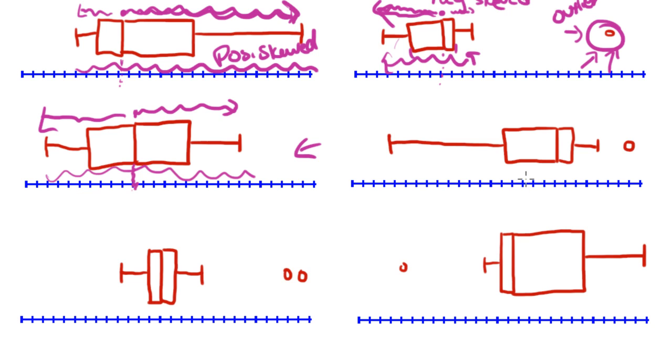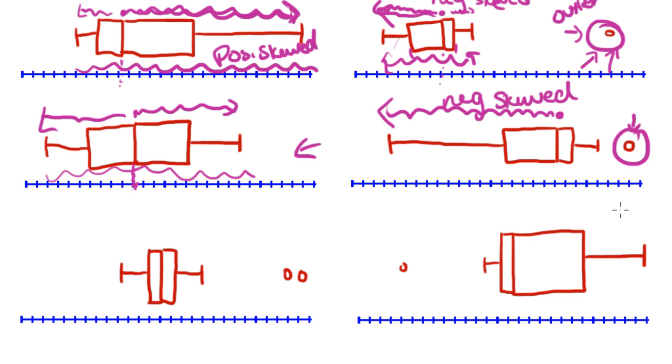What about this one? Definite skewing going on. Here's the top of the mountain, and it's going out that way, so it's negatively skewed. And we've also got this character here, who is our friendly neighborhood outlier. So you would make some comment about him and why he's got such a different pattern to the rest of the data, because you've got a lot of stuff happening down the bottom.